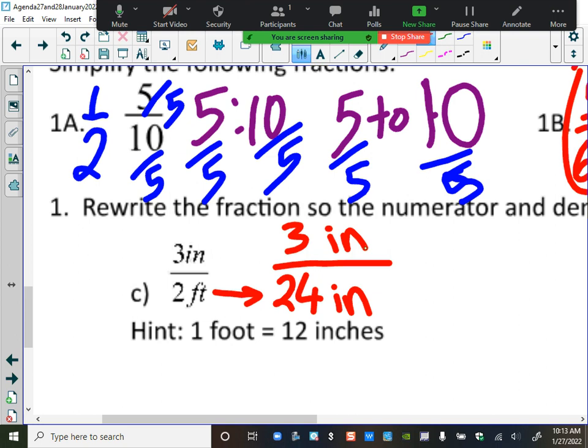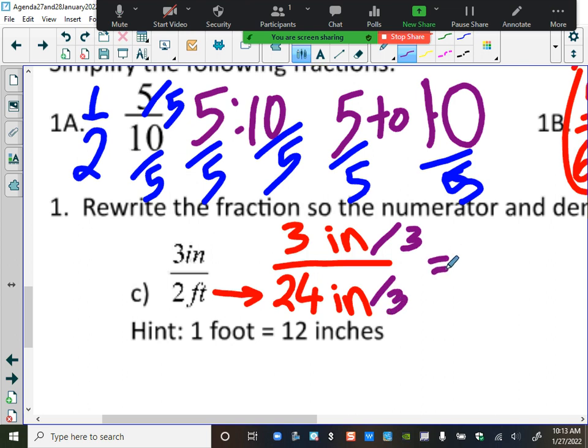What can we divide both 3 and 24 by? Not by 2. Three. Divide them both by 3.